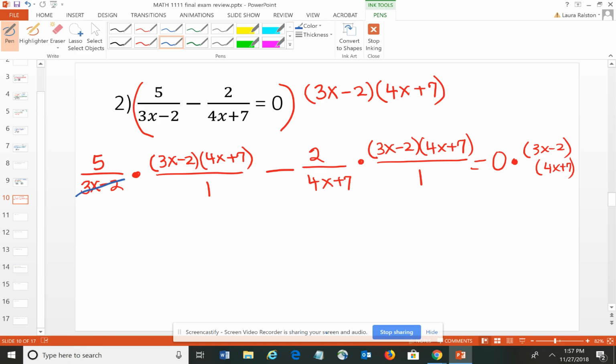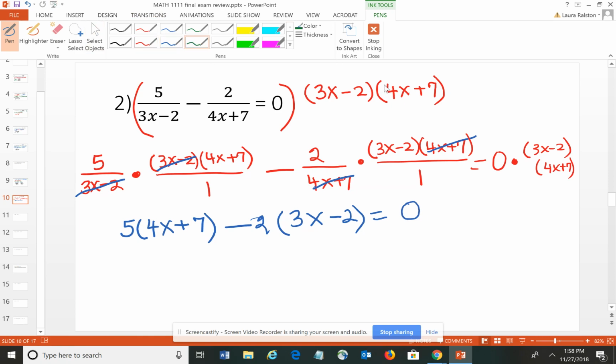So 3x minus 2 will divide out with 3x minus 2, so that we have 5 times 4x plus 7, minus my 4x plus 7 will divide out on the second fraction, and I have 2 times 3x minus 2, and that equals 0 times 3x minus 2 times 4x plus 7. I hope you realize that 0 times anything is going to be 0.